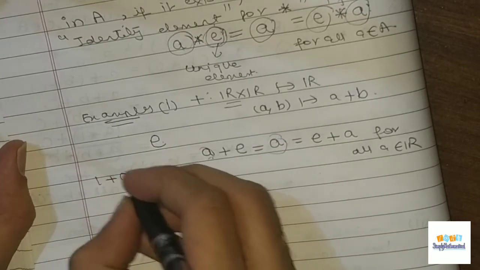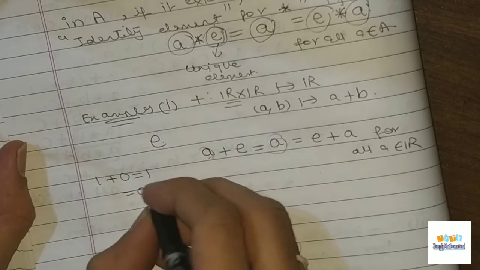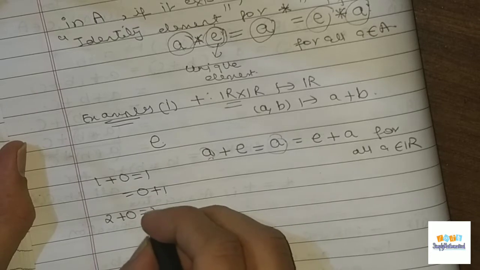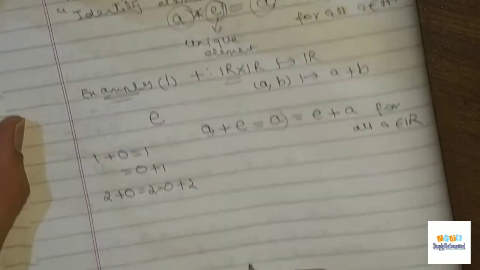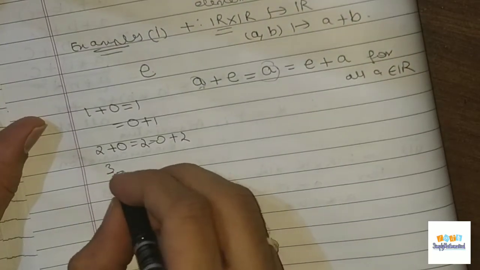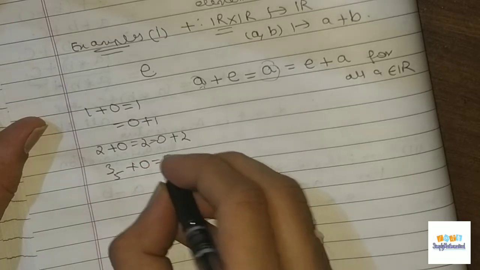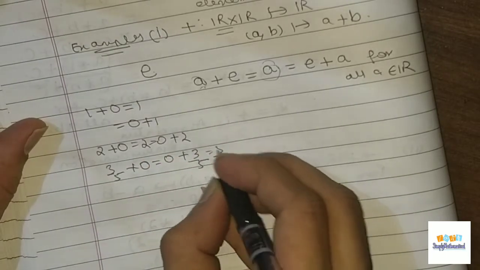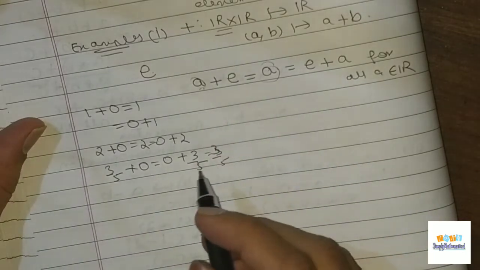It is 0. In addition, if you add 0 with any element, you get back the element. For example, 1 plus 0 is 1, which is equal to 0 plus 1. Or 2 plus 0 is 2, which is equal to 0 plus 2. Or 3 by 5 plus 0 is equal to 0 plus 3 by 5, because 0 plus 3 by 5 is 3 by 5.